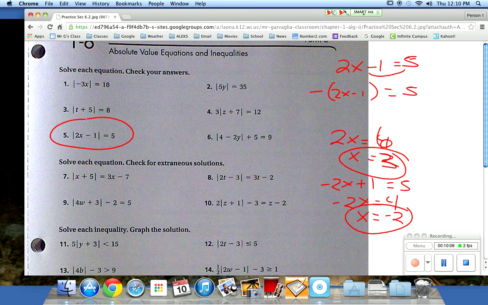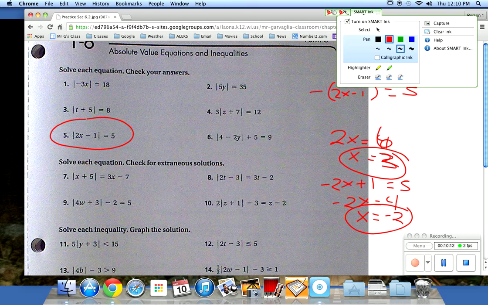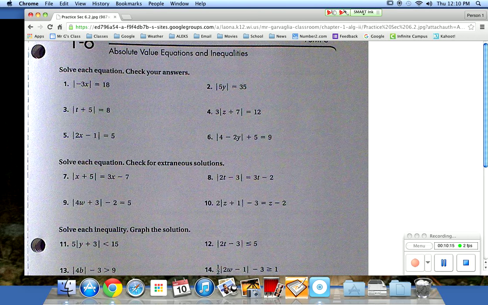Let's take a look at number 6 right here once. Everybody got that? All right. Take a look at number 6 right here. What's the first thing you would do on that, Reese? What do you think first thing you would do on that? Get rid of that 5. It's outside of the absolute value, right? Yeah, I'd bring that 5 over right away. So I'd make this absolute value of 4 minus 2y equals, and I bring it over, this is 4.